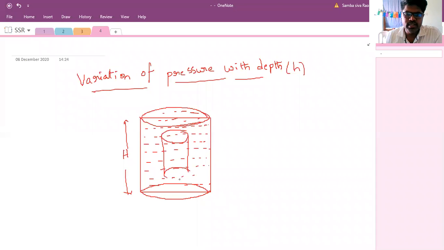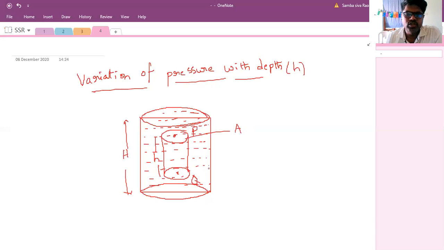This uppermost point, let us say point P, lowermost point, let us say point Q. Then there is a height small h, the difference between the uppermost point and the lowermost point. So I have taken this imaginary cylindrical column of liquid. The imaginary cross-sectional surface area, let us say, is capital A.